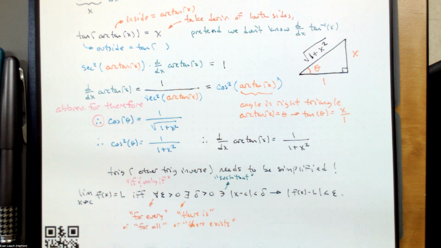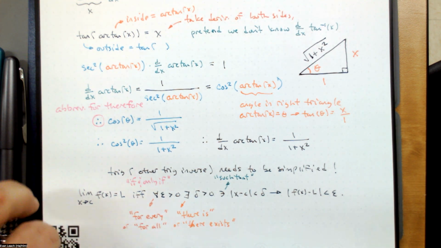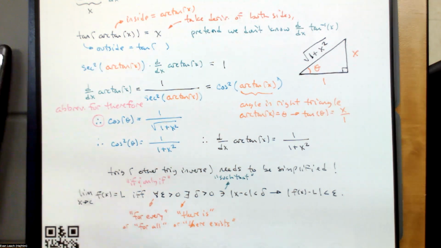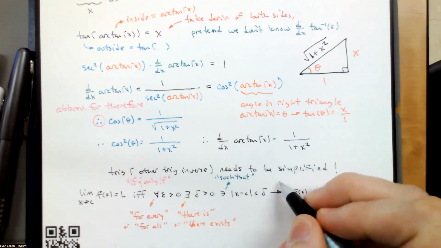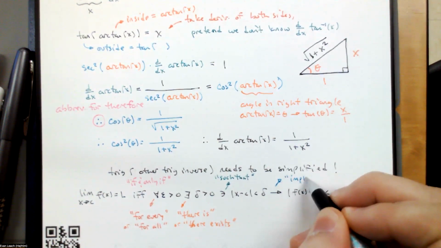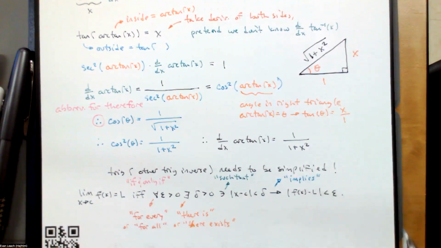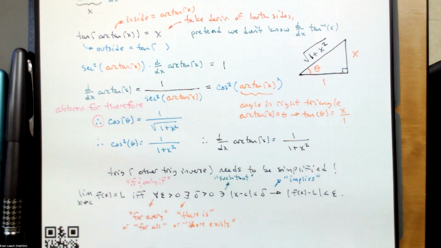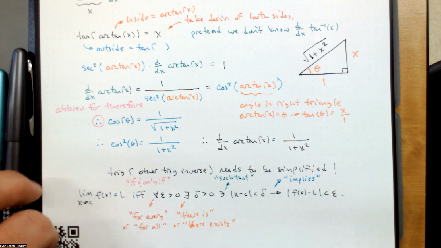And then the arrow is and implies. So the implication is an if A, then B. So A implies B is how we would use that.